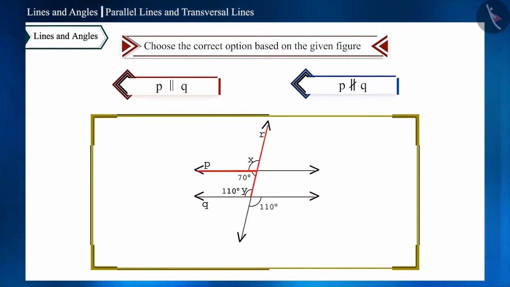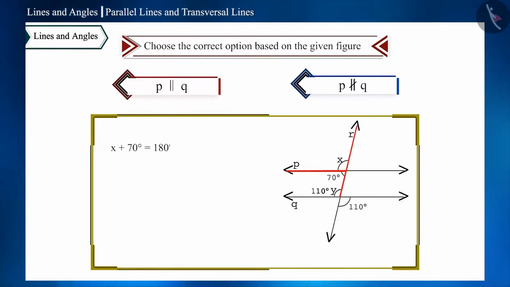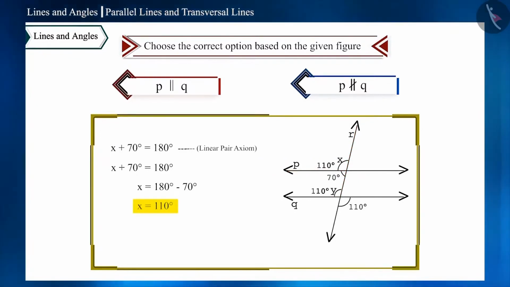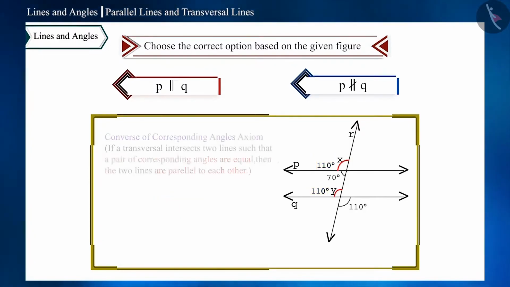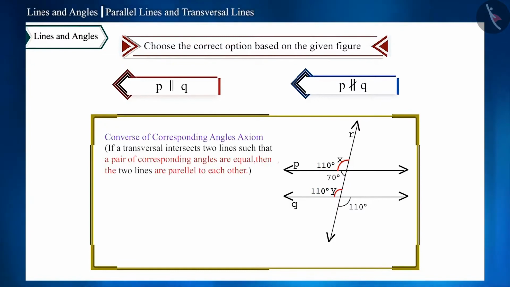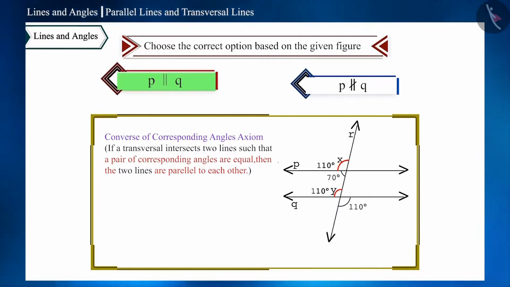And these two angles form a linear pair, so we can write them like this. We get the measure of x as 110 degrees. Be careful, here the measure of both x and y is the same. And using converse of the corresponding angles axiom, we can say that these two lines are parallel. Therefore, option 1 is correct.